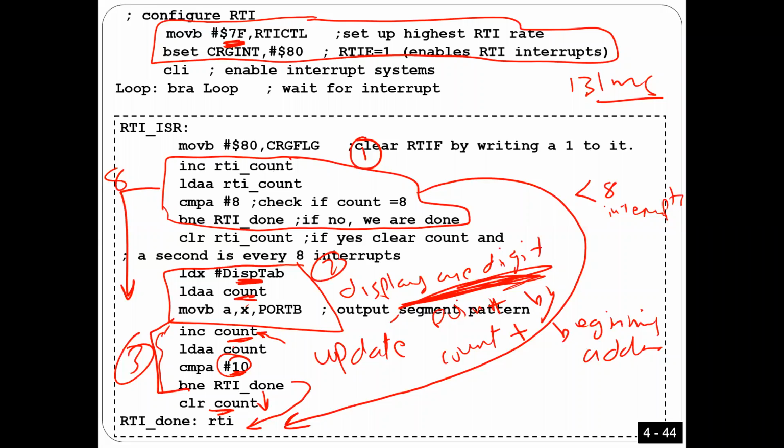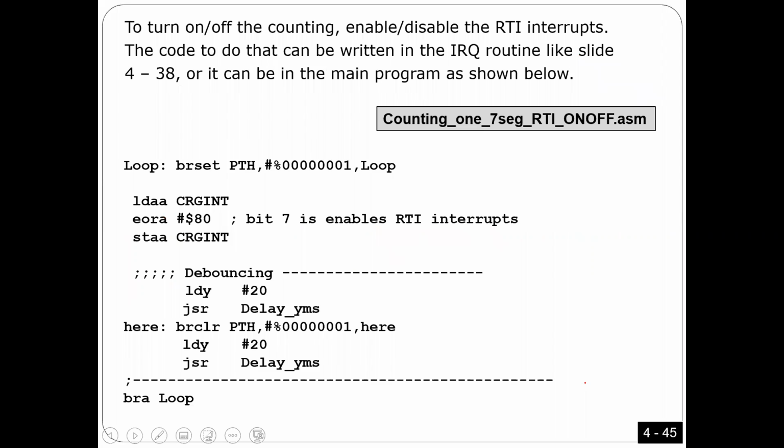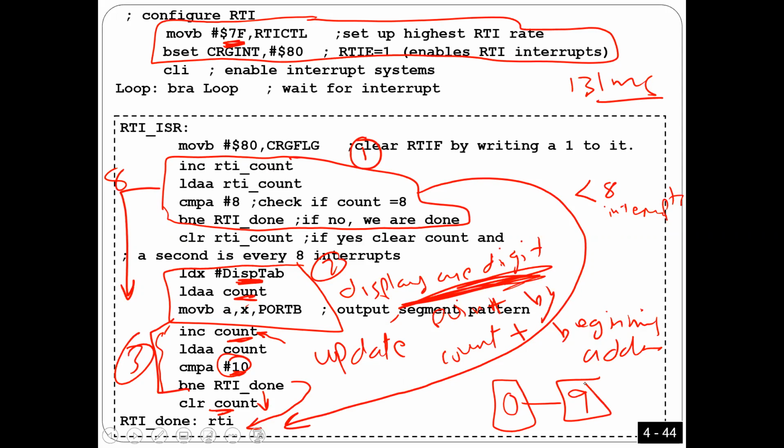So by doing this part, now the LED is going to count 0 to 9. That's great. So now I also want to use a push button in order to enable or disable counting, which is very easy. All you have to do is use IRQ to enable or disable RTI interrupts.